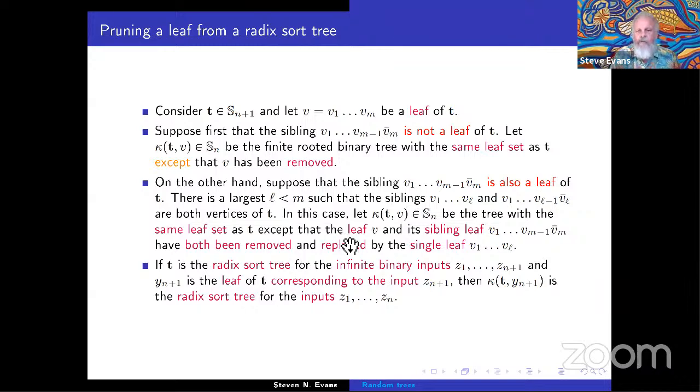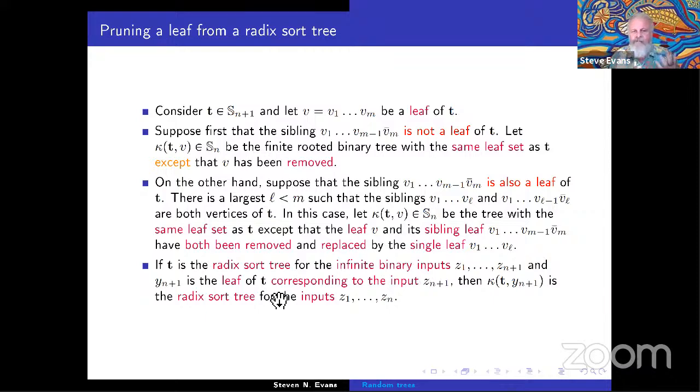What we're going to do is basically chop out that path of descent. So in this case, the pruned tree will be the tree with the same leaf set as T, except the leaf V and its sibling leaf are both removed and replaced by the single leaf that's at the start of that path leading down to the pair V and its sibling.